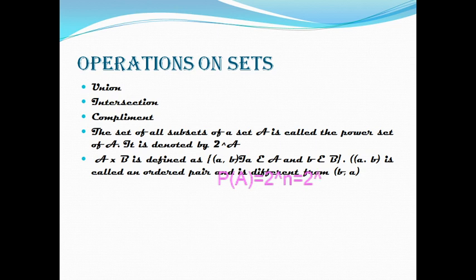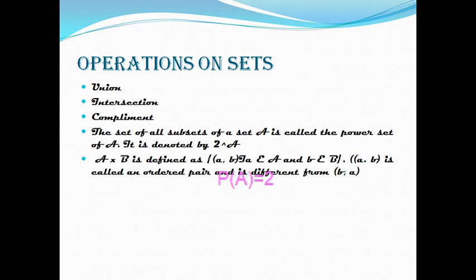Set A contains two elements, 2 raised to 2 equals 4. To recall the earlier example, the power set of A contains 4 elements: null set, set 1, set 2 and set 1, 2. If the number of elements of the set is 3, then the power set contains 8.